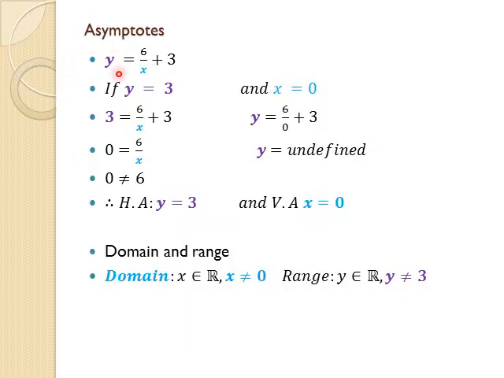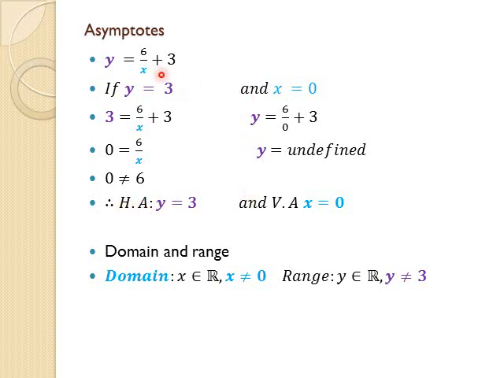So for asymptotes, y equals 6 over x plus 3. First, if y equals 3, place 3 in the place of y. If I bring 3 over, 3 minus 3 is 0. x times 0 gives me 0, and therefore 0 cannot equal 6. So I have a horizontal asymptote at y equals 3.